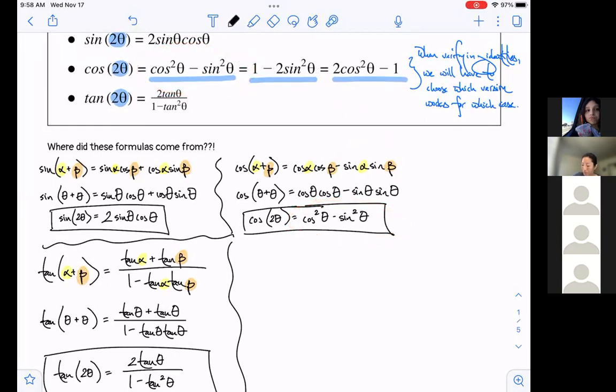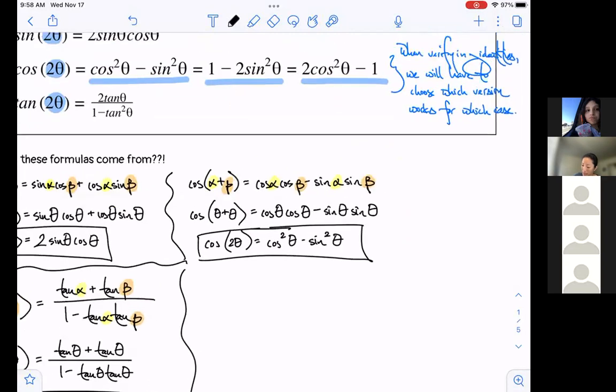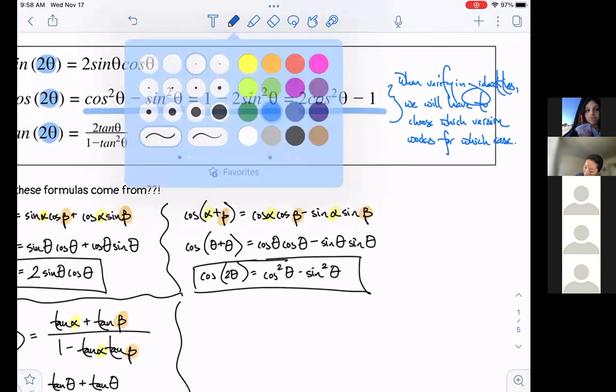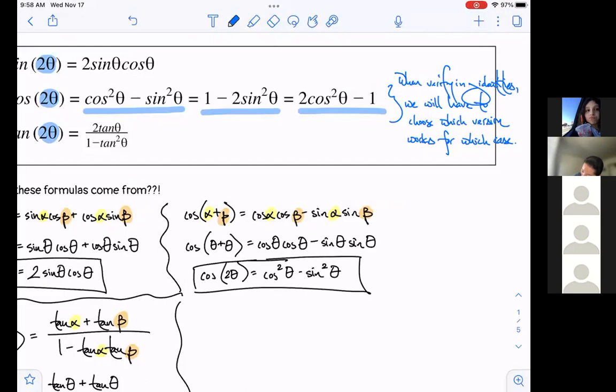Now, one of the most common identities that we've used, right? And I'll go ahead and write it here, is we had sine squared theta plus cosine squared theta equals what? What did we have that equal to?